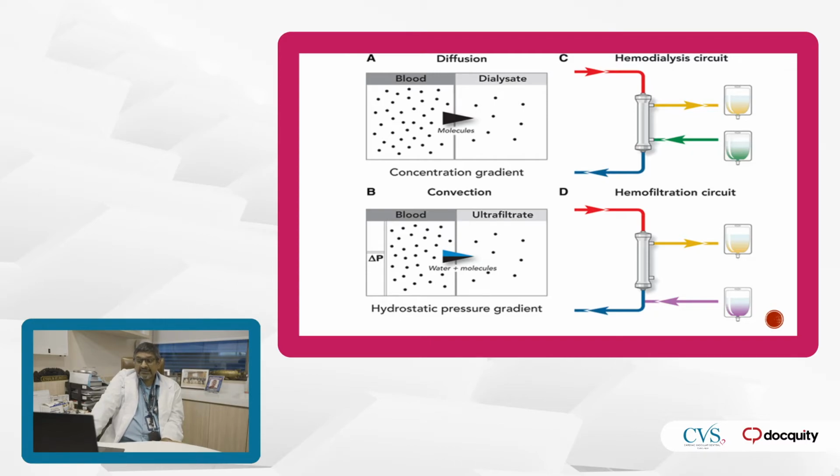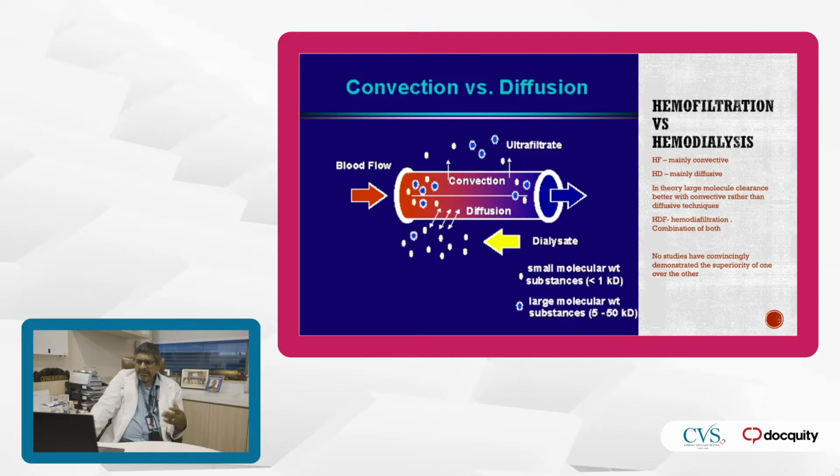So there's no dialysate flowing across the dialysate chamber in hemofiltration. In hemodiafiltration, you do both: convection, where you use hydrostatic pressure and push the toxins across, and you run a dialysate and get diffusion. So you're trying to combine both together.